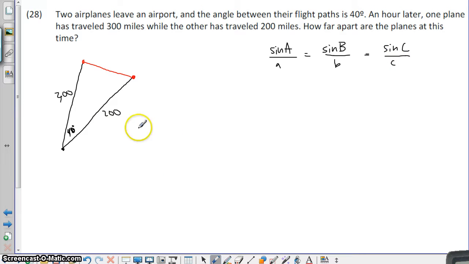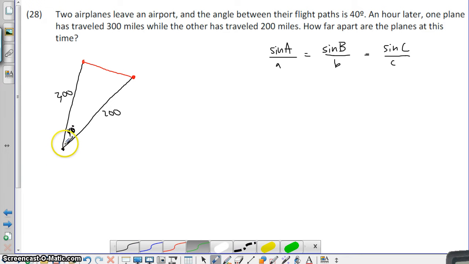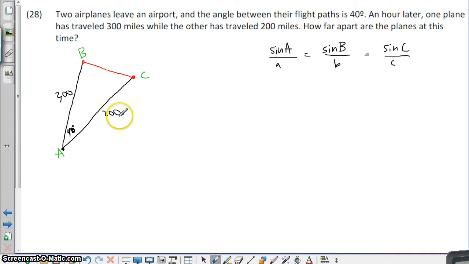So let me show you. Let me set this up. Let's say this is angle A, this is B, this is C, which makes this little a, little b, and little c.